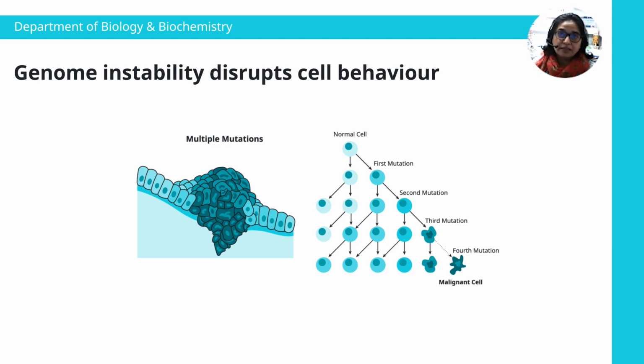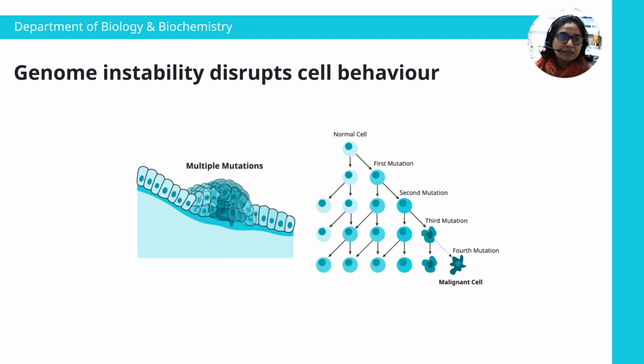But you shouldn't forget that this is a bit Darwinian, in the sense that this is survival of the nastiest, just like you have Darwin's survival of the fittest. In this case, not all the mutations drive cell proliferation. Only mutations that give a selective advantage to the cell in terms of cell division are the ones that are carried through.